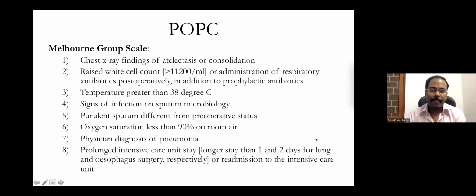So of late, the Melbourne group scale has been used and validated, which has 8 criteria. Whenever we do any study to find out postoperative pulmonary complications, the POPC is identified based on these 8 points in the Melbourne group scale, which has clinical parameters like fever, purulent sputum, or oxygen saturation less than 90%, as well as different laboratory evidences.